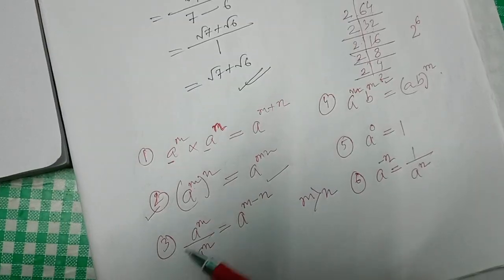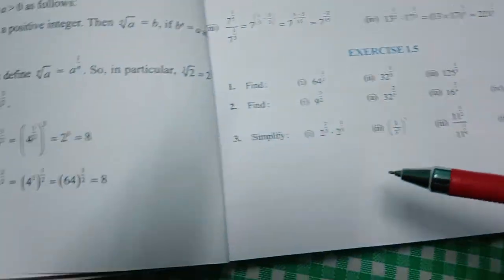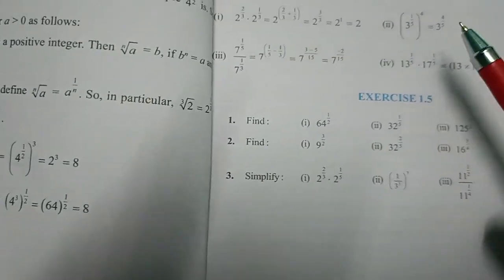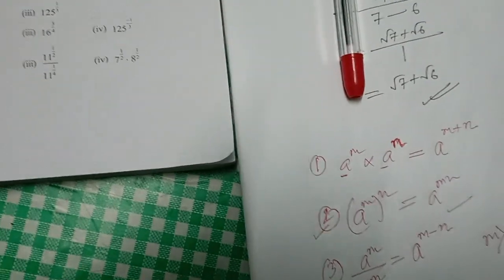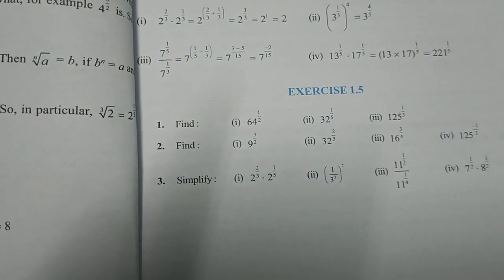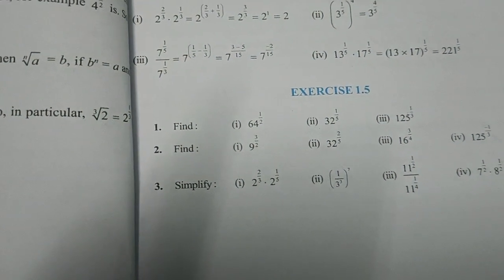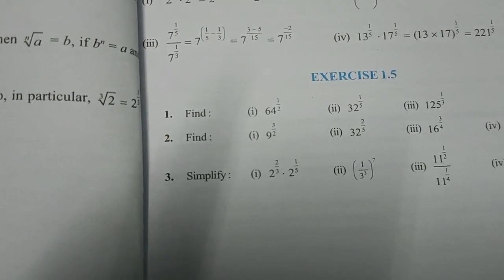Number 1, 2, 3, 4, 5, 6. And using that law, you have to do all the problems of this exercise 1.5. So if you are well versed in this formula, then easily by yourself you can do these problems. Clear? You can solve it out. Clear? So I'm leaving it up to this much. You see the video nicely and try to do question number 1.